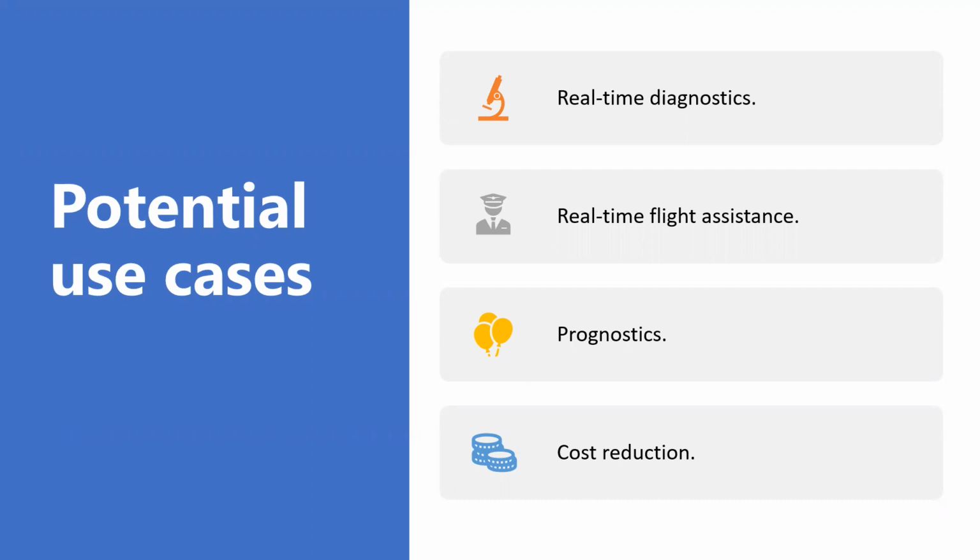You see real-time diagnostics and real-time flight assistance. If we have the right information, it can help us with real-time flight assistance and also prognostics and cost reduction. I think I covered all the use cases. I covered each component in the architecture.